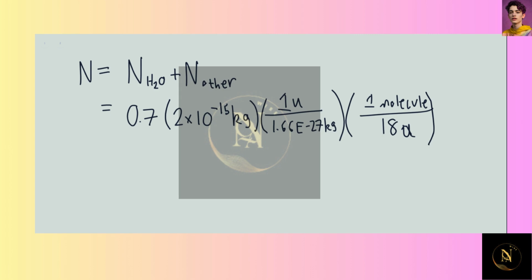We can do this big conversion to give us the number of molecules. Oh, we also have to add in, that's just for the water. We also have to add in, for the rest of it, 0.3 times the mass of everything else. Also 2 times 10 to the negative 15 kilograms for its total mass.